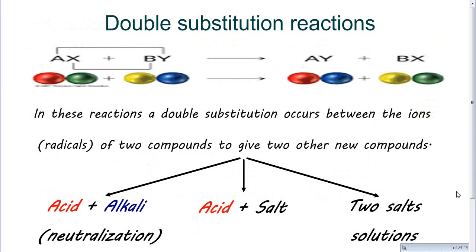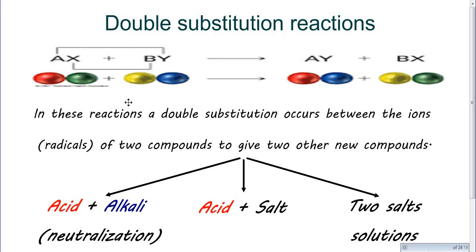The second type of substitution reactions is called double substitution reactions, and these reactions occur between two compounds. The two compounds replace each other's main elements.